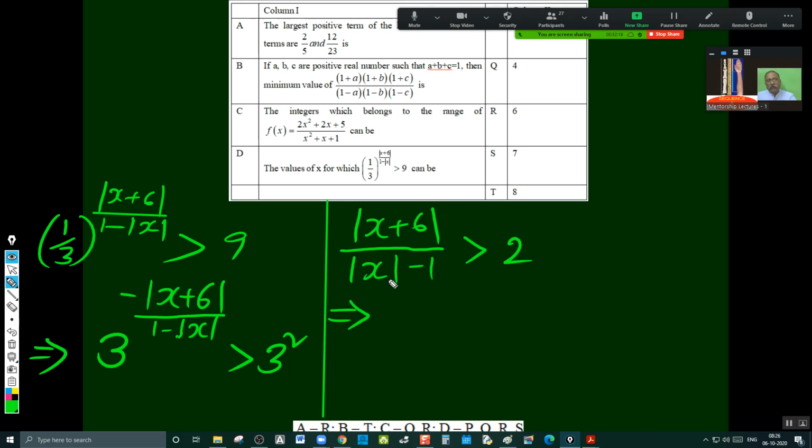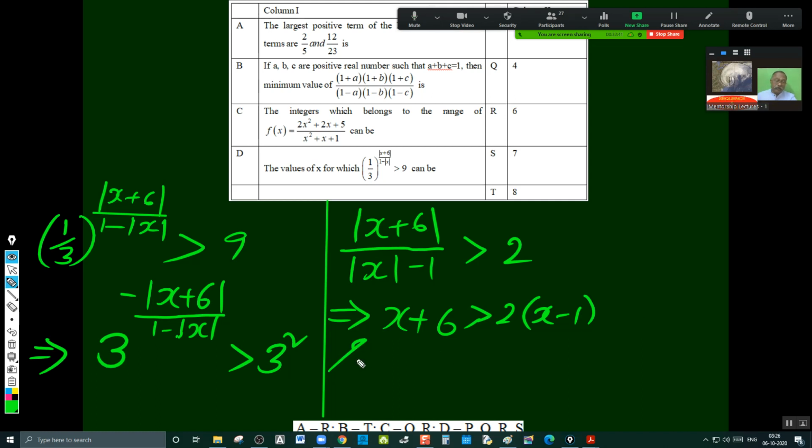Sir, in all the given options it is greater than 1, so we can directly remove mod and take it as x plus 6 upon x minus 1. That's what I'm doing, my dear lovely boy. x plus 6 greater than twice of x minus 1.